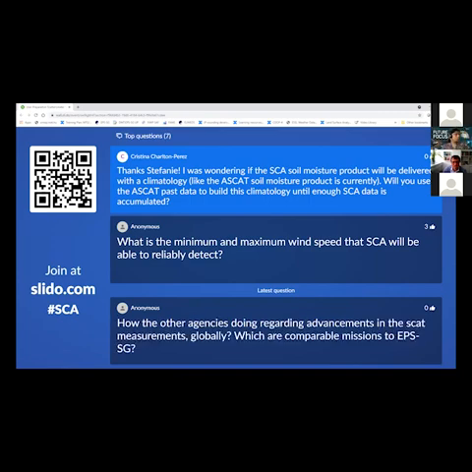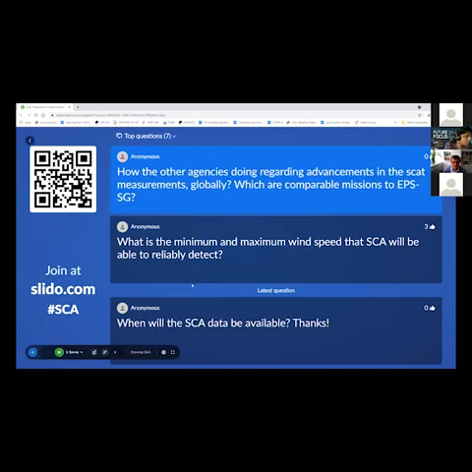There is one question actually: how are the other agencies doing regarding advancements in scatterometer measurements globally, which are comparable missions to EPS-SG? This is basically going back to the beginning of my talk where I showed all the different missions internationally. There is an Indian mission which has Ku-band. There are quite a large number of upcoming Chinese missions, scatterometer-wise, and they do have quite a number of interesting instruments.